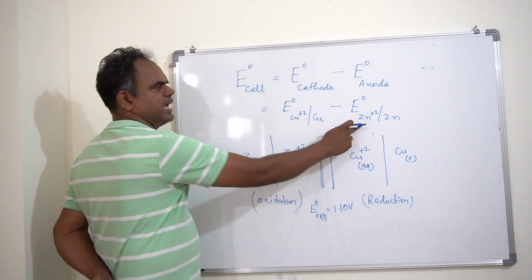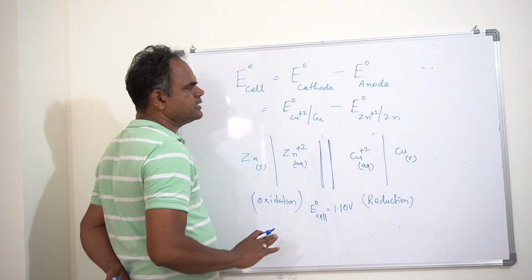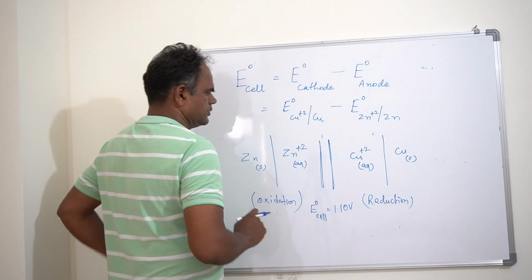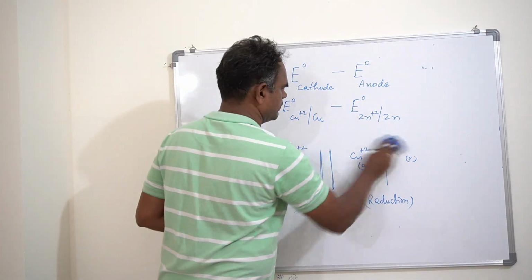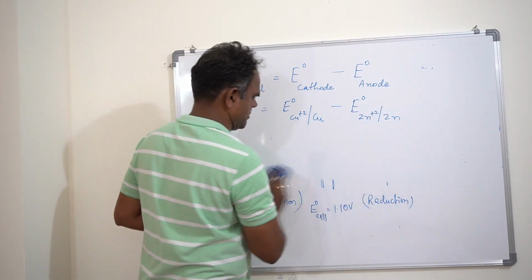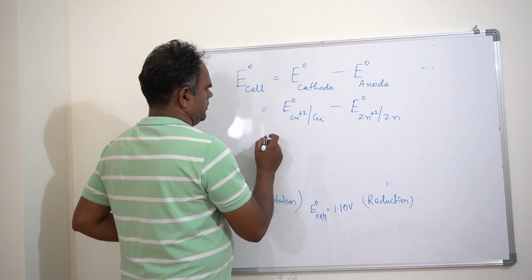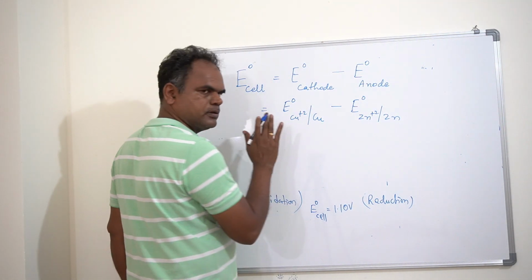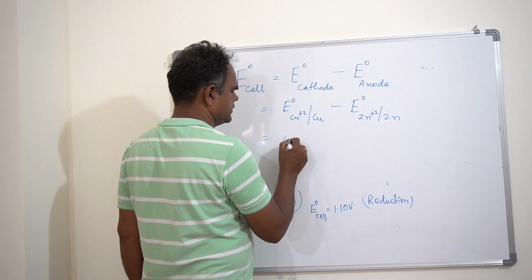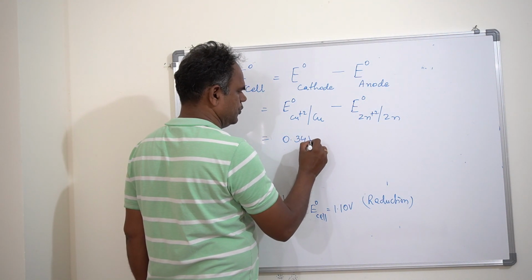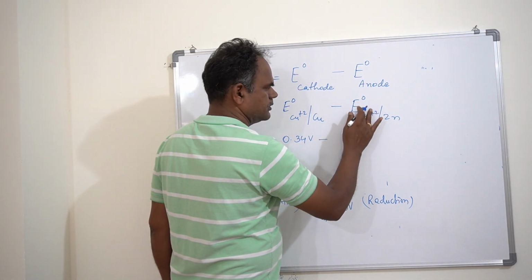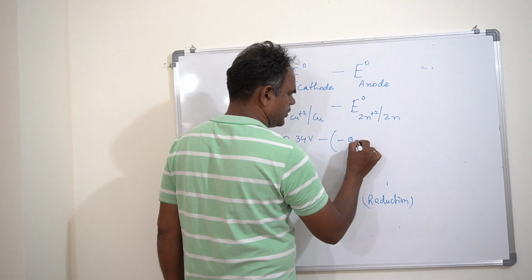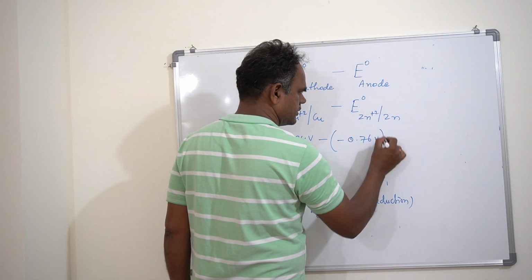Here actually oxidation is happening, so we are inverting that; I am writing the inverse of the oxidation as reduction. Now the standard reduction potential of copper is 0.34 volts, minus the standard reduction potential of zinc, which is minus 0.76 volts.